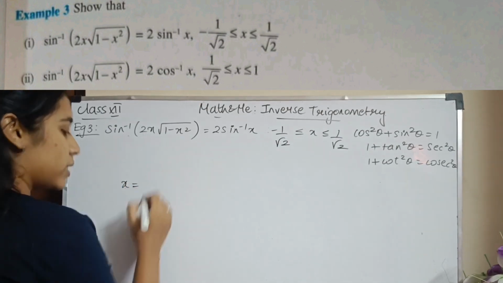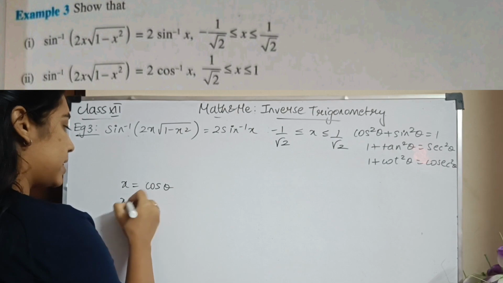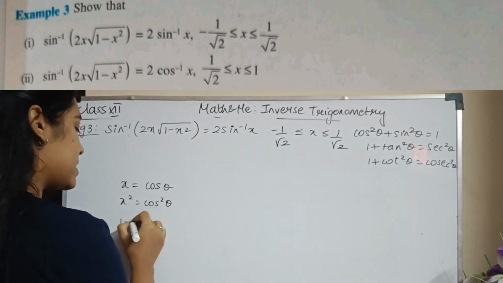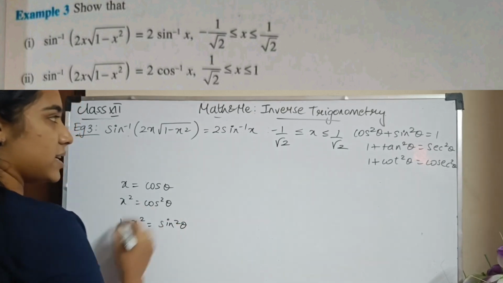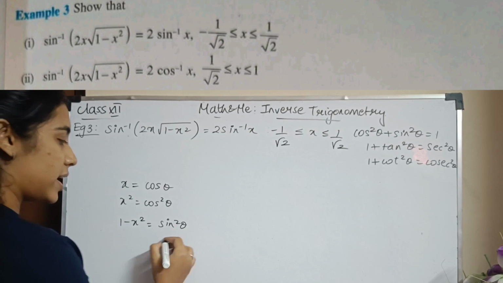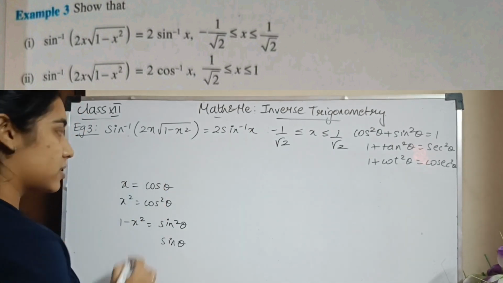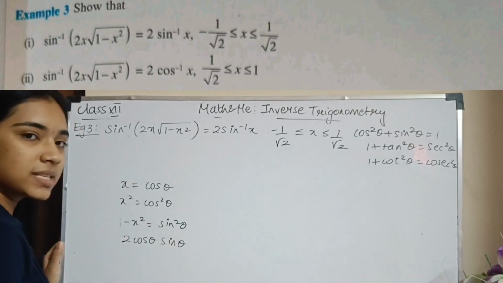Now, x value, when I write it as cos theta, I have x square to be cos square theta and I have 1 minus x square to be 1 minus cos square theta, which is sin square theta. When it comes out of the square root, I'll have a sin theta. Now 2x sin theta. So I have 2 cos theta sin theta because my x value is cos theta.